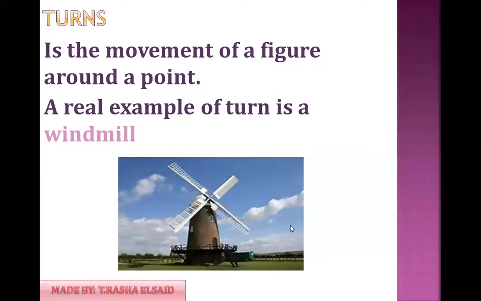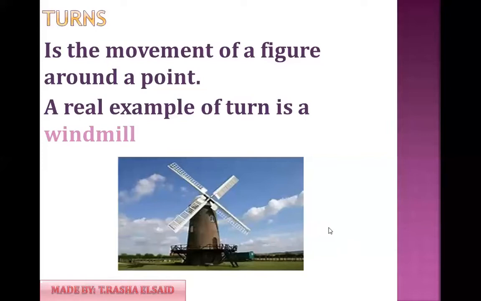So this is a real example of turn. Also the fan. The fan is moving around a point. So these are the two examples that help us understand how the turn is working.